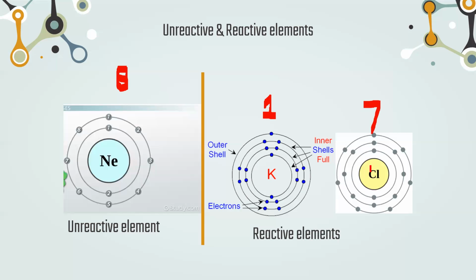Chlorine needs only one electron to complete its outermost shell, and potassium has to lose one electron easily, because if it gained 7 electrons, things would be quite harder. So potassium will prefer to lose one electron, and this electron will move from this atom to the chlorine atom and be accommodated there. A bond between potassium and chlorine will form, and as a result a chemical compound, potassium chloride, will form after such a reaction.